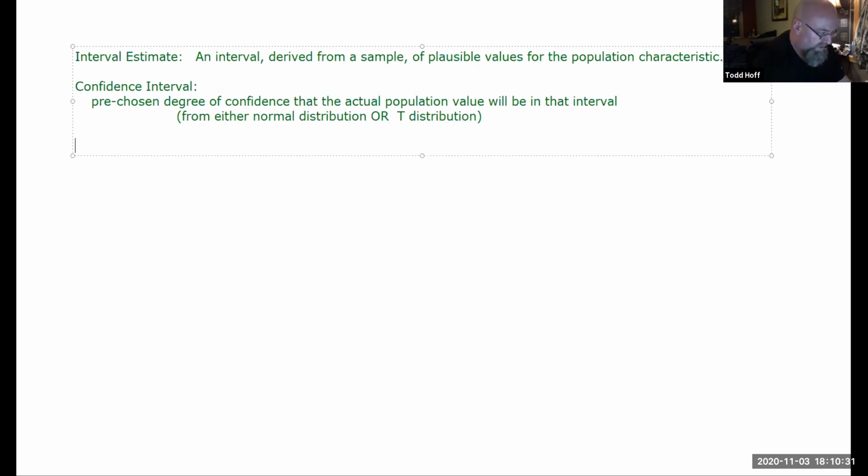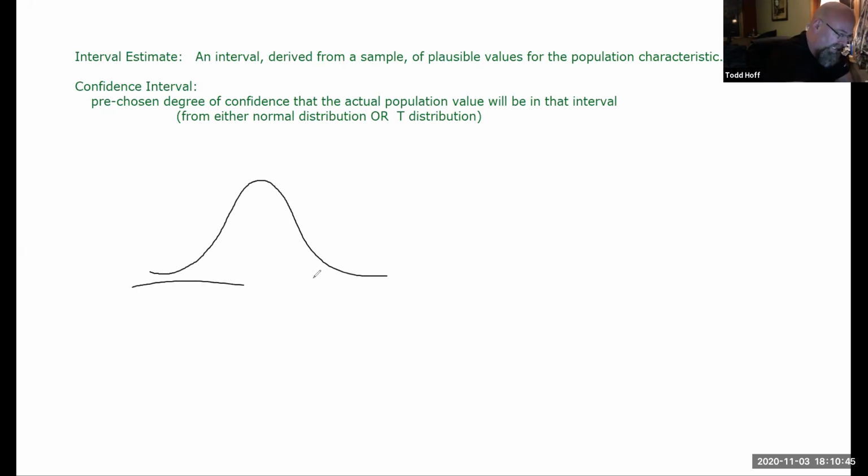Well, let's look at what a confidence interval is. How does it work? Let's go back to that sampling distribution again. We know that if we keep taking samples, again, if this is the population, the samples are going to have means that are distributed around that population mean.